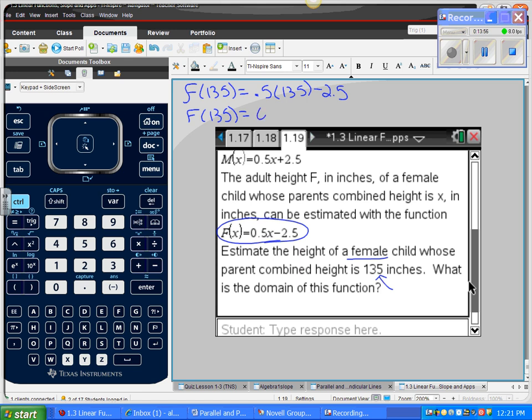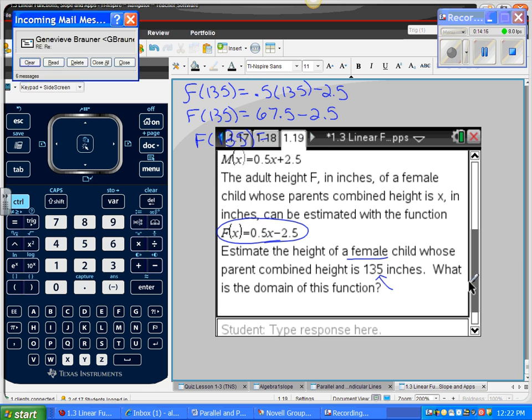So this is going to be 67.5 minus 2.5, which is going to give me a value of 65. And in this case, it's inches. So f of 135 is 65 inches.